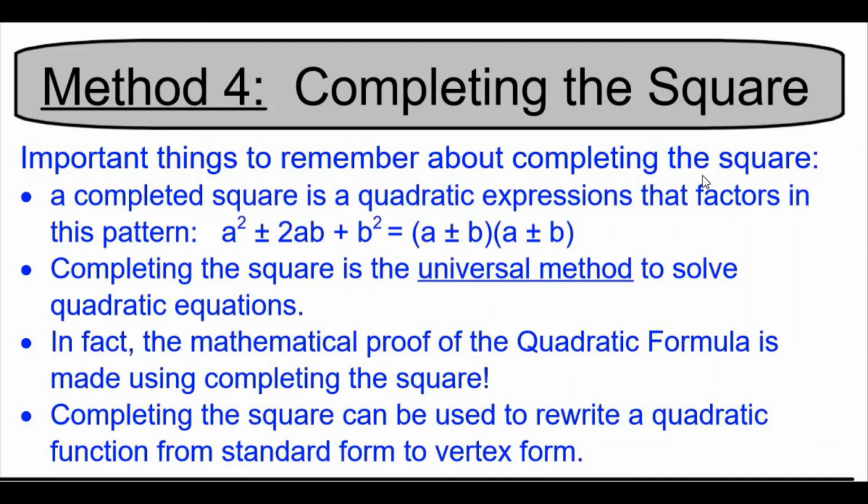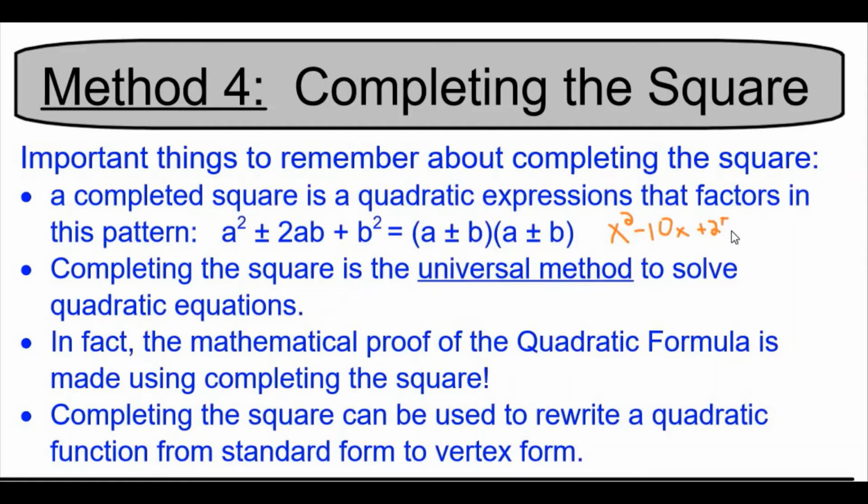So, important things to remember about completing the square. A completed square is a quadratic expression that factors in the pattern a squared plus 2ab plus b squared, or minus 2ab, and then again this would be positive, and the factors come out to either be double positive or double negative. So an example of that for you to look at would be if I had x squared minus 10x and then plus 25.